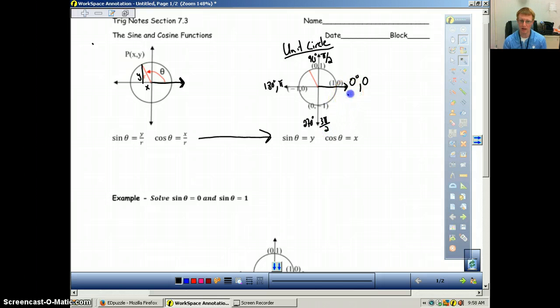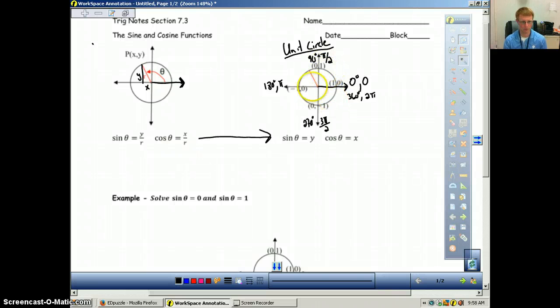And then at the very end, we have 360 degrees and 2 pi radians. That's the way our unit circle is going to look. We start at 0 and then we go around in a counterclockwise fashion. And you could keep going. We could say this is then 450 and keep adding all the way around. But these are basically the values that you're going to use on a regular basis.